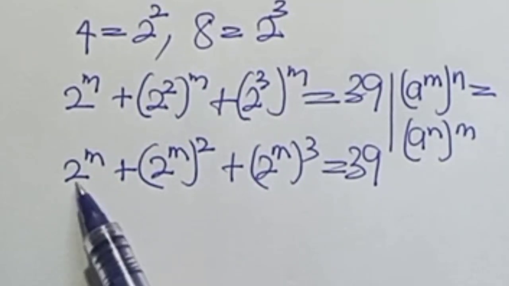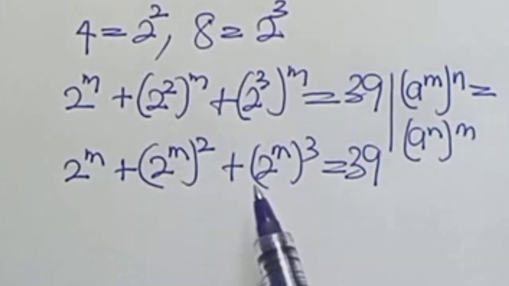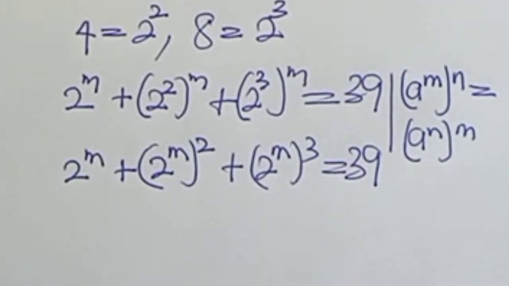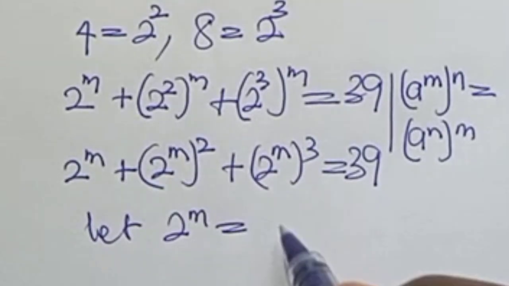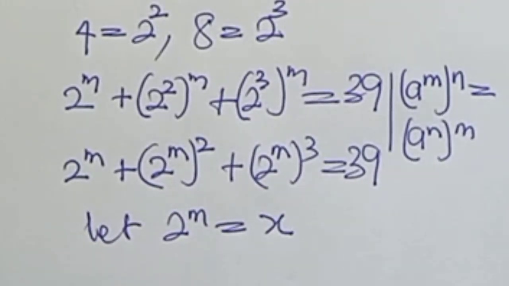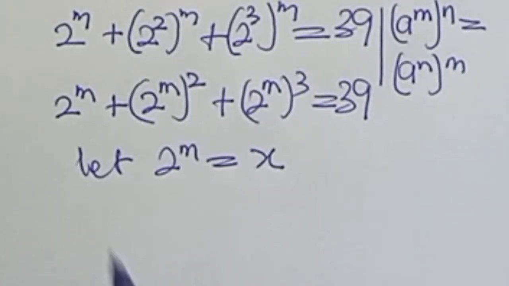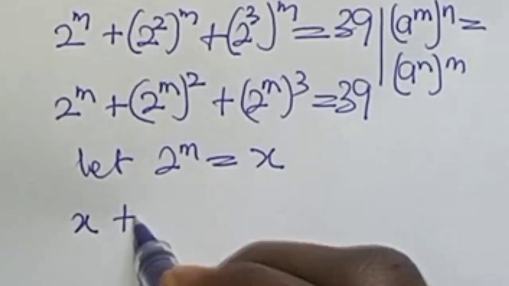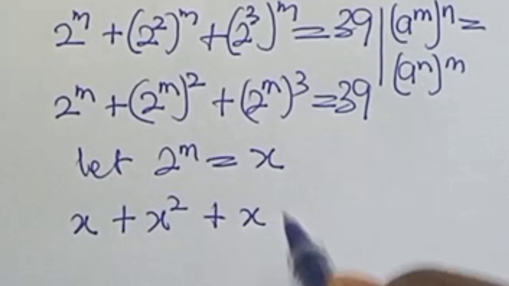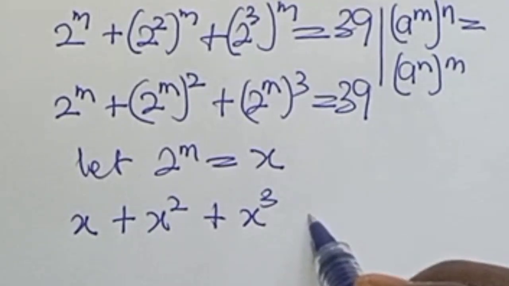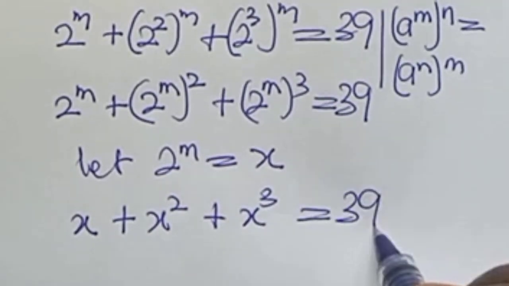Here we have 2^m, 2^m, 2^m. We can say let 2^m be represented with x, so that our equation will become x plus x^2 plus x^3 equals 39.